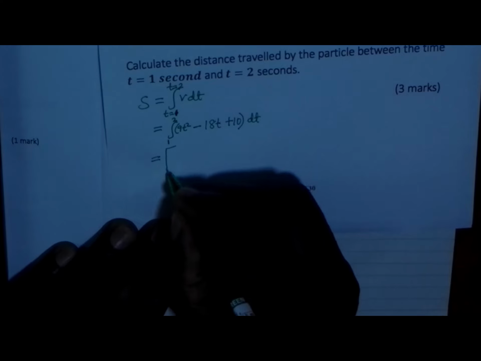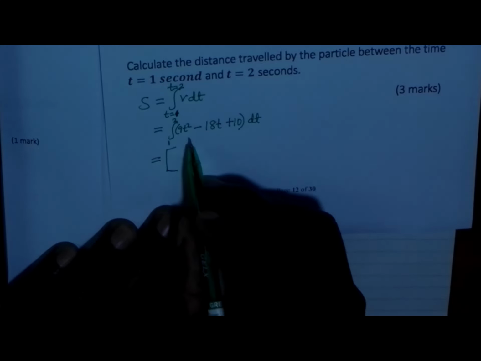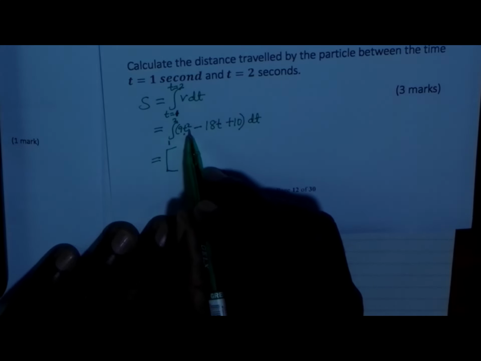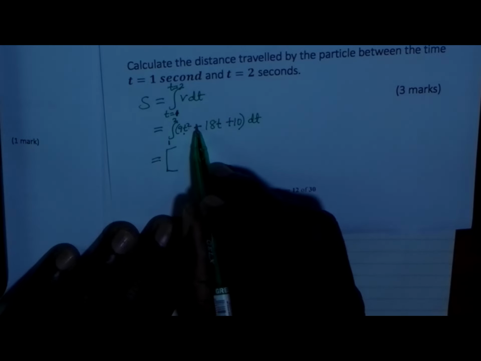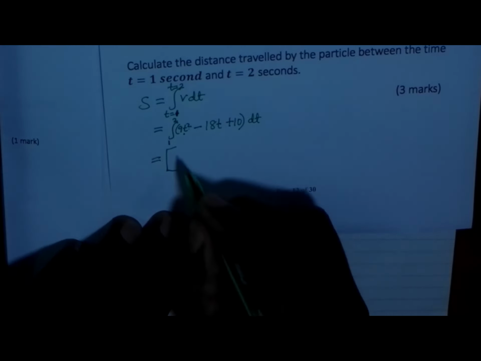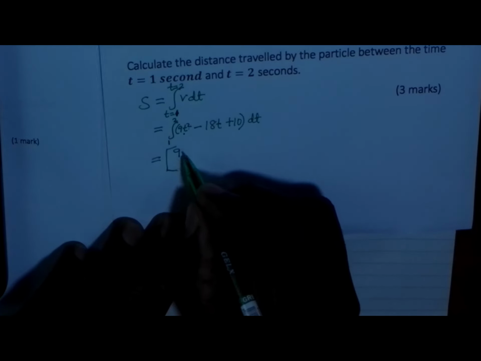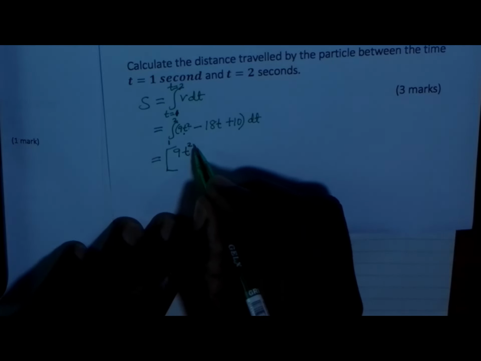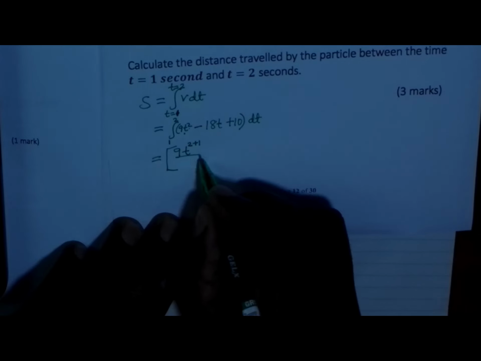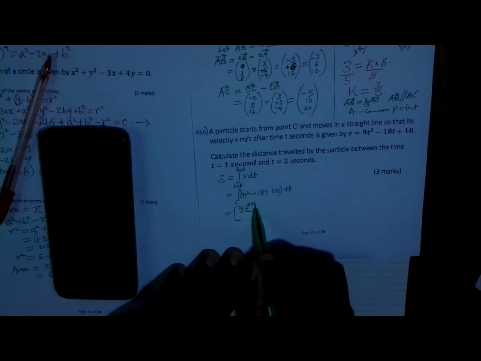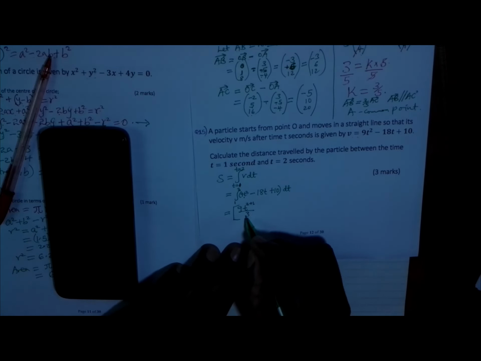So we integrate. If we are going to integrate, we add the power of t by 1 and we divide by the new power. So this will be 9t raised to 2. We add 1. We divide by the new power. 2 plus 1 will be 3.